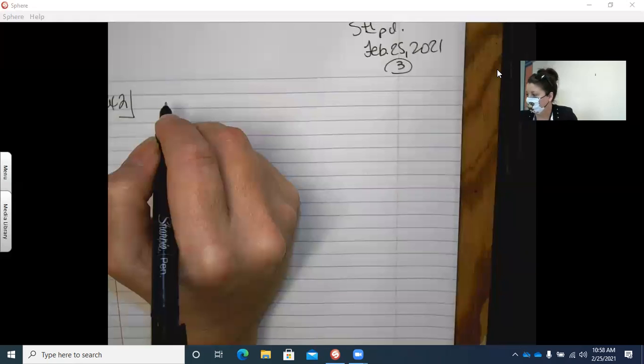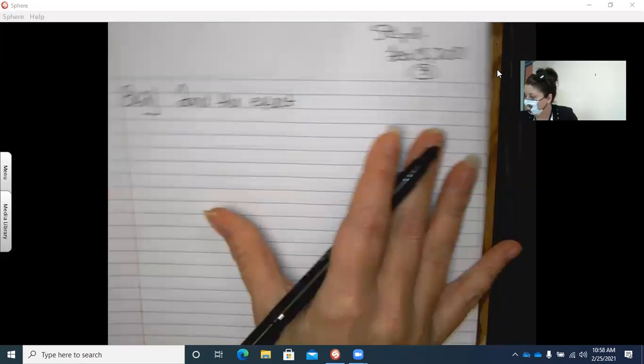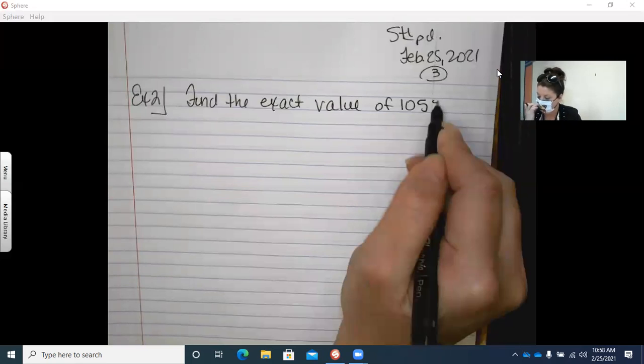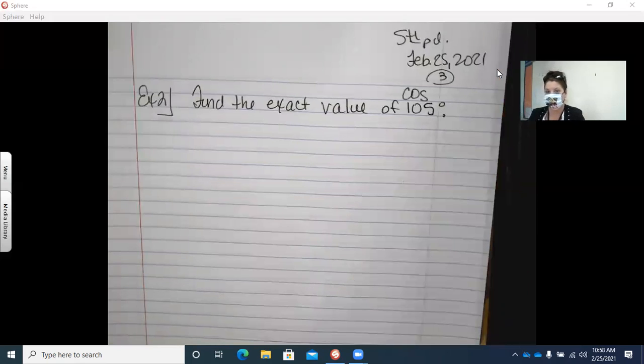Find the exact value of the cosine of 105 degrees. Is 105 degrees on the unit circle?